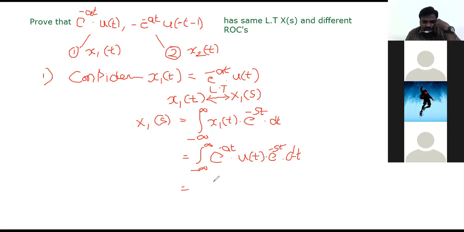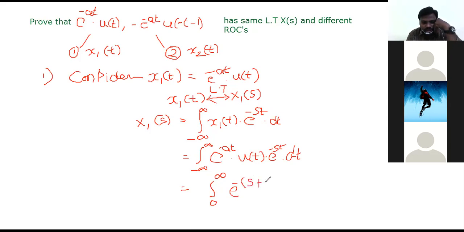It is enough to find the integration only from 0 to infinity. Why? Because in this range only u of t value is equal to 1, and for the remaining values of time that signal is not defined. That means it is equal to 0. Okay.